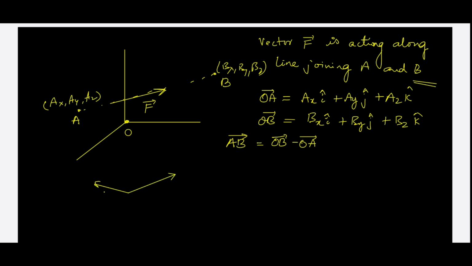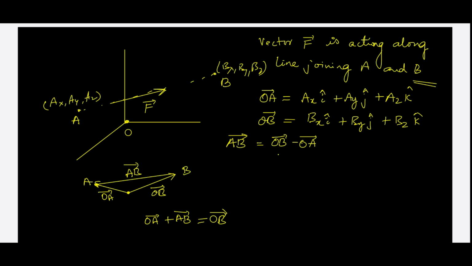You go from O to point A, OA, and then from A to B, AB. So OA plus AB should be OB. If you go from O to B, or from O to A and from A to B, it should still be the same. So AB is OB minus OA.